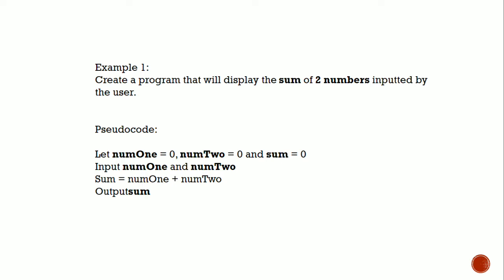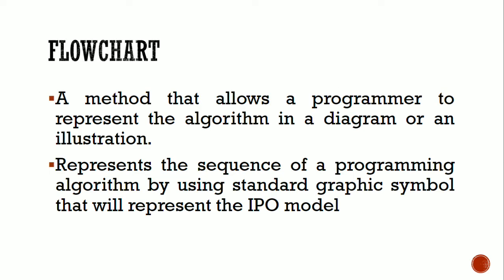Then we're going to input num1 and num2. Dayon sum equals num1 plus num2. Then output is sum. So mao na siya ang pseudocode. It's very simple, no? Dili ra kayo lisod buhaton.